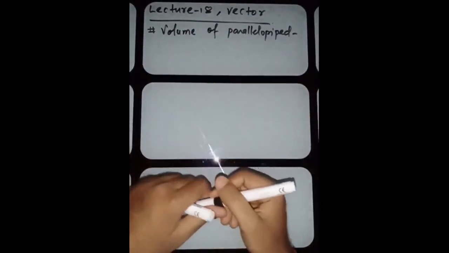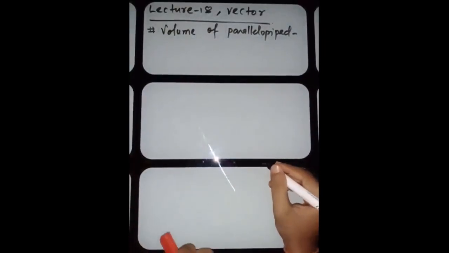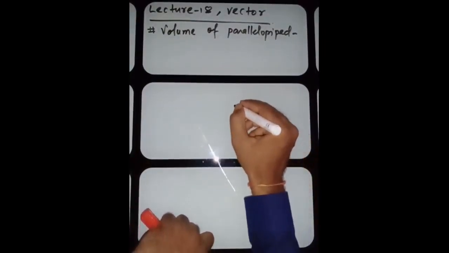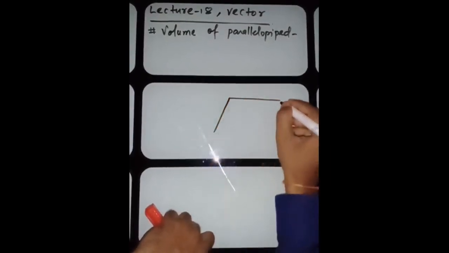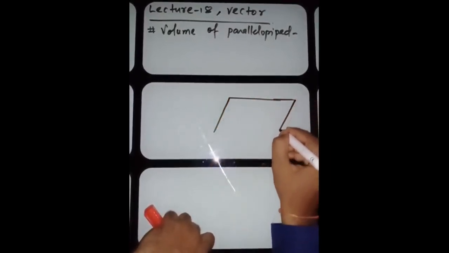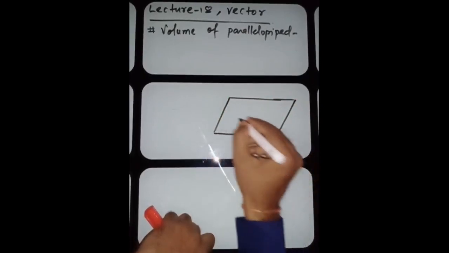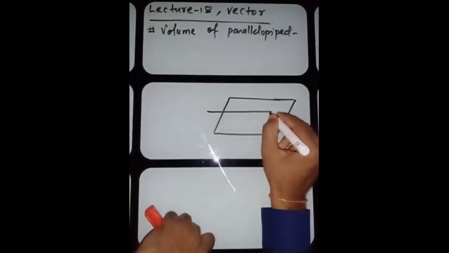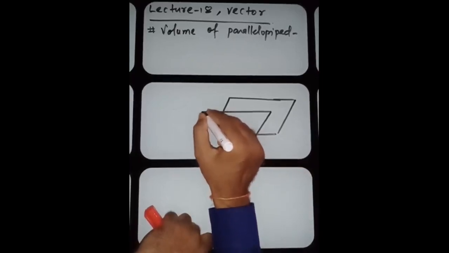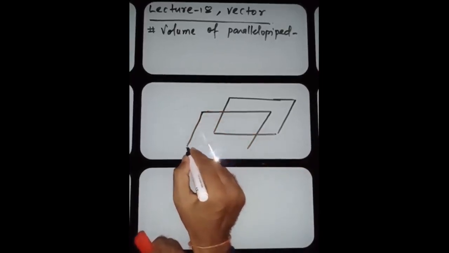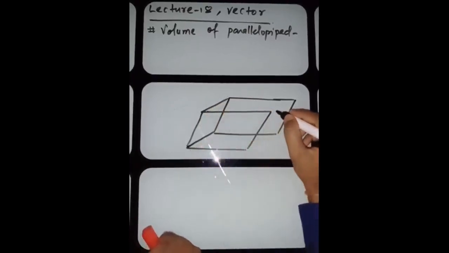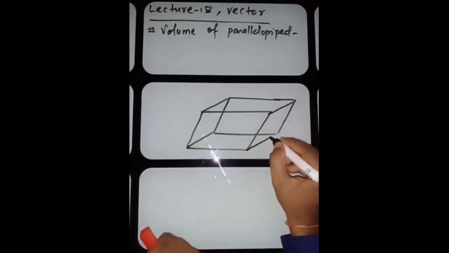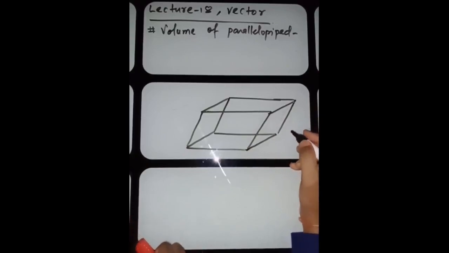That tilted shape of a cuboid is considered the parallelepiped. I am drawing it here. This is a very important engineering structure. It is called a parallelepiped. Okay, this is the structure of a parallelepiped.